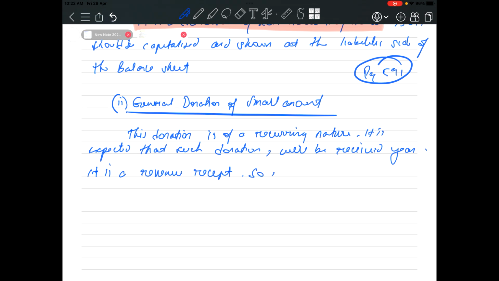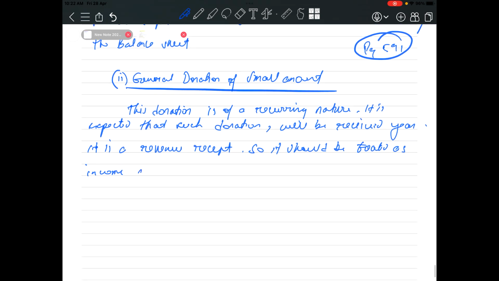So it should be treated as income, and recorded at the income side of the income and expenditure account.